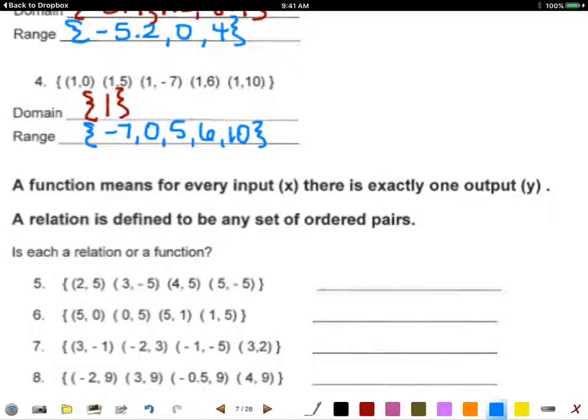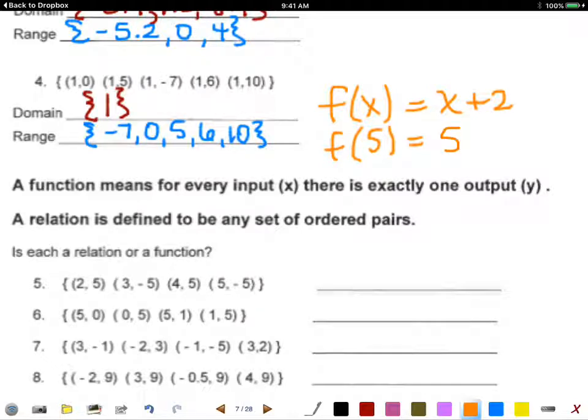So for example, let's say we had f of x equals x plus 2. And let's say I want to figure out what f of 5 is. So I plug in 5 here. I'm just making this up. Well, f of 5 would be what? What's 5 plus 2? 7. So when I input this 5, out comes this 7.